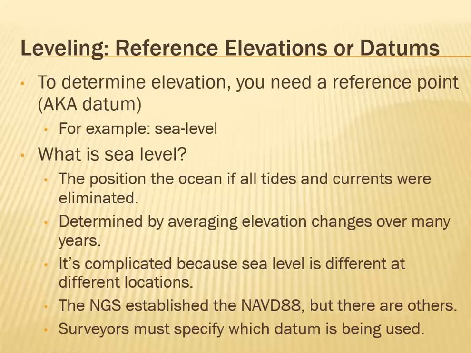So officially, sea level is now determined by averaging the elevation changes over many years, assuming that all tides and currents were eliminated. So an average of the average over many, many years was what was used to determine sea level.